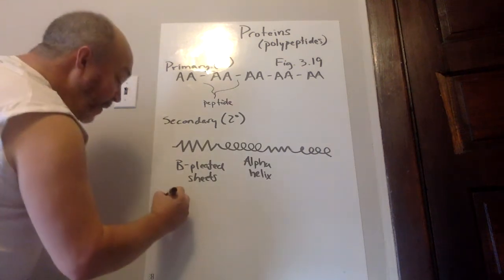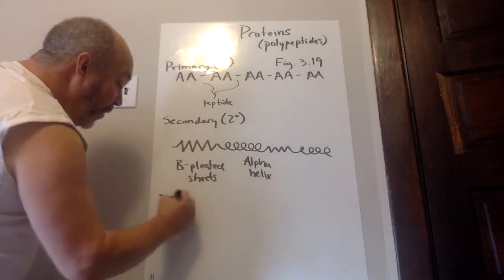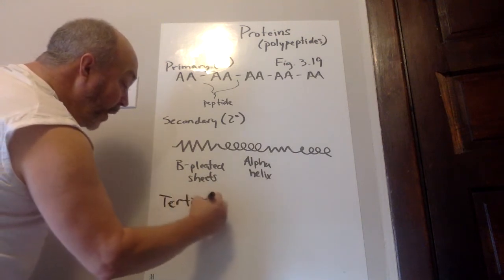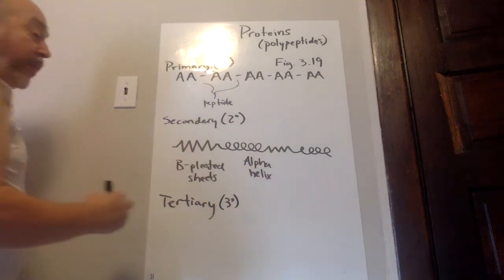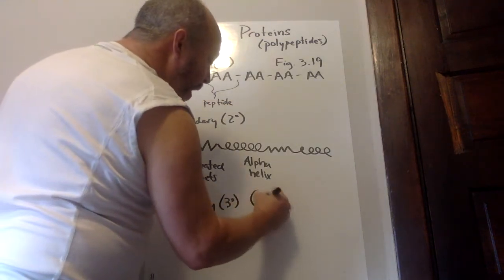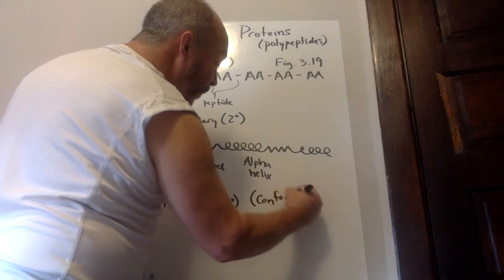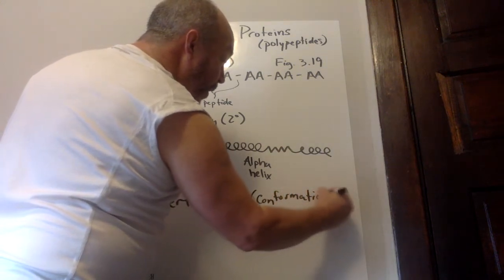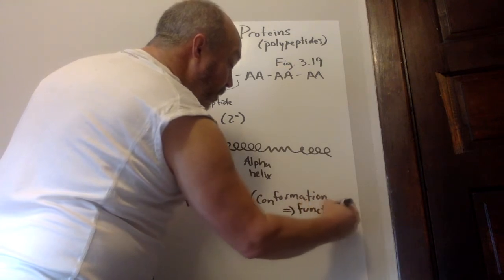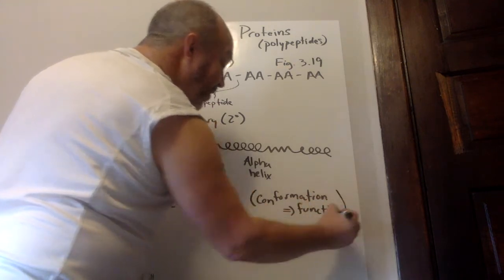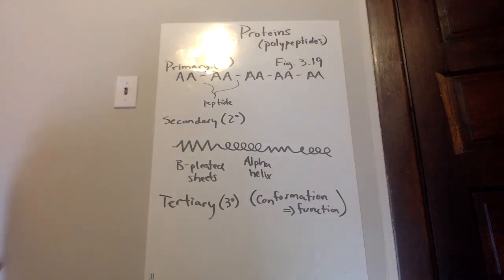It's not until it folds up into a 3D or tertiary structure. Or another word for tertiary, this is called its conformation. This is the functional protein. It's not until it gets into this shape that it can do its job.